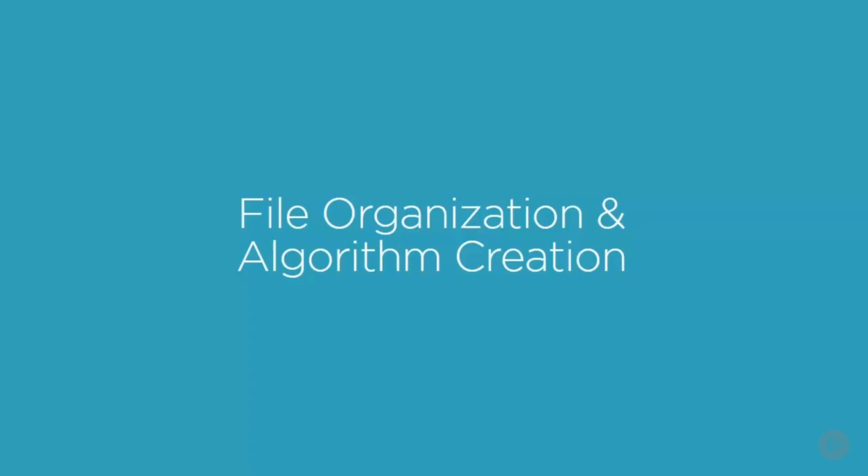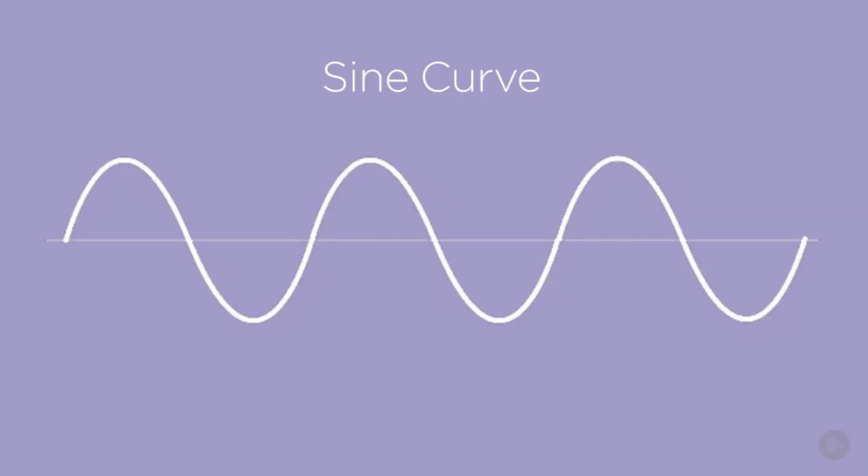We'll also explore file organization, file management, and get into our first algorithm creation, and the lists that they generate, which are incredibly important to understand in order to get through the logic and sequencing of the different commands we're trying to execute. And finally, we'll take this knowledge and apply it to generating a simple sine curve.